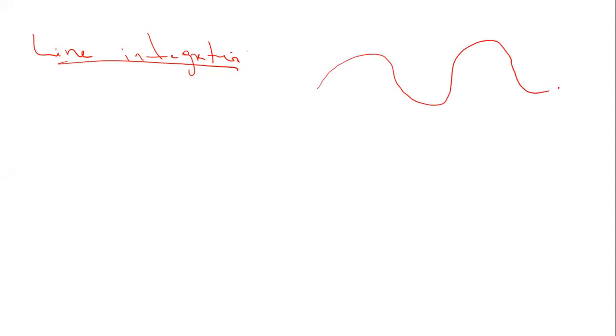So in vector integration, there can be basically three types of integration. One is called line integration. So when we talk about line integration, if you have a certain linear or nonlinear curve, whatever it may be, it could be a circle also, it could be an oval shape also.